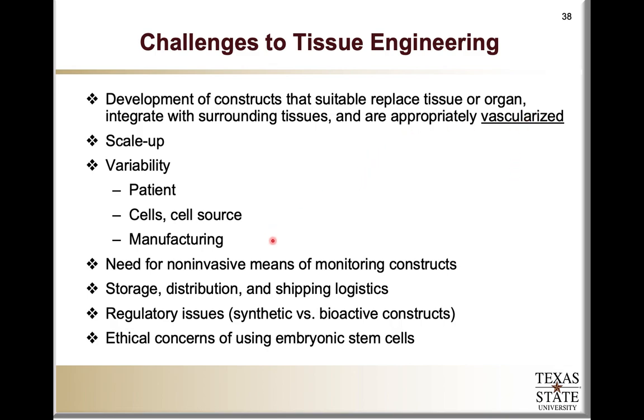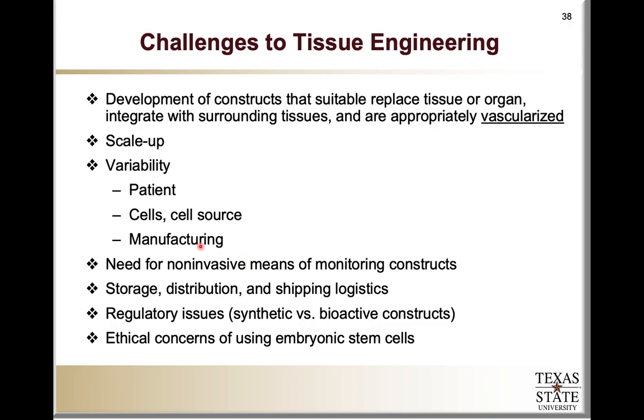A second thing is scale up. Of course, we might be able to do this in the laboratory, basically making one scaffold at a time. But in terms of being able to do this on a commercial scale, this is difficult. There's also a lot of variability in terms of patient response, in terms of the cell sources, our ability to differentiate stem cells, for example.